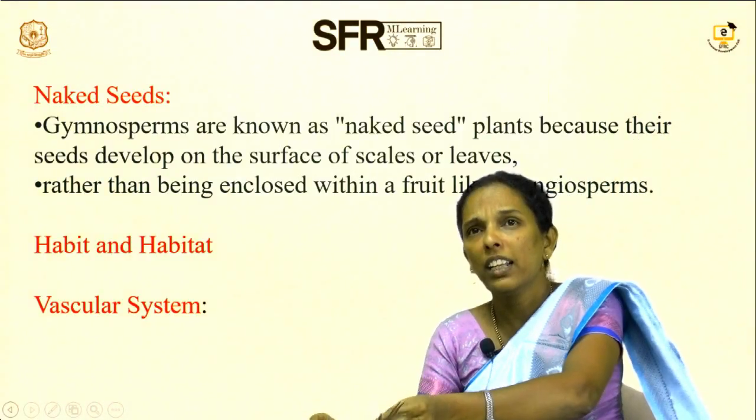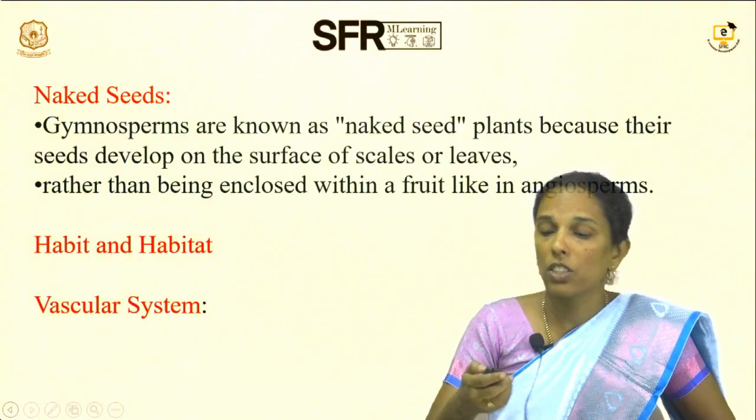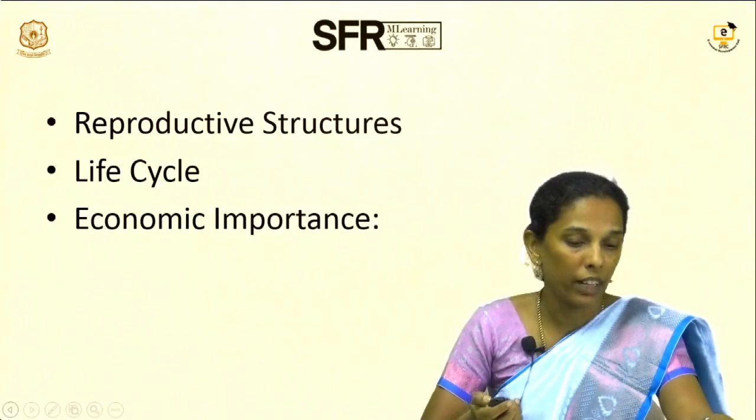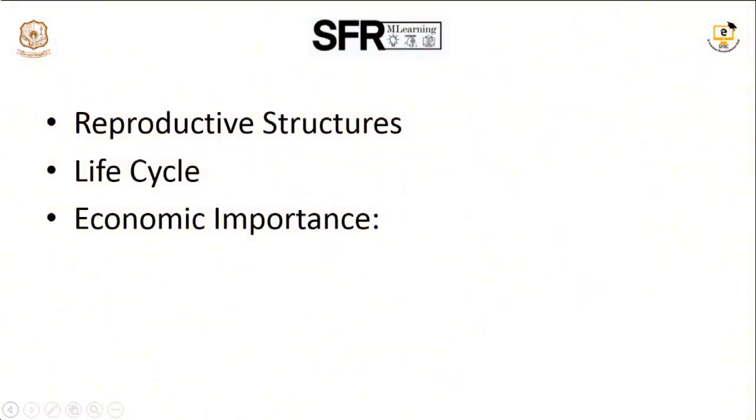Okay. So next the structural features: the vascular system and the reproductive structure of gymnosperms. The vascular bundles are conjoint, collateral and open, endarch type in the stem. Next, the xylem is composed of xylem parenchyma and tracheids, with bordered pits. There are no companion cells in the phloem, only sieve tubes and phloem parenchyma.